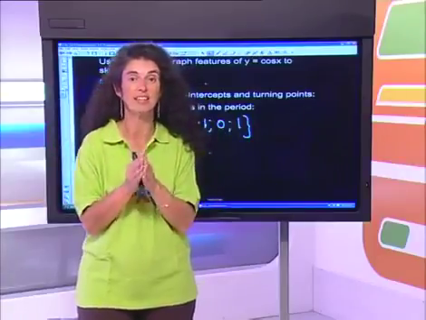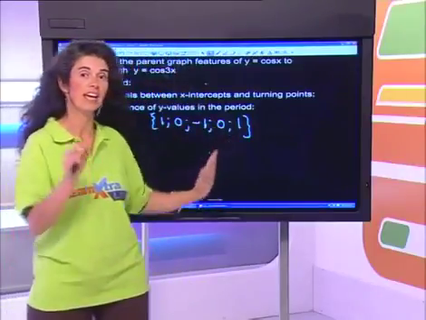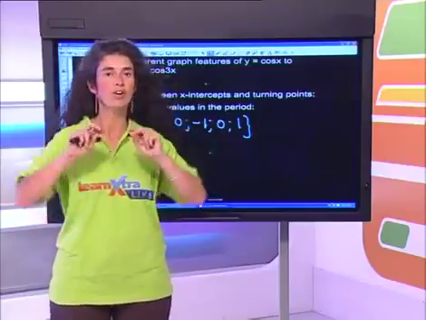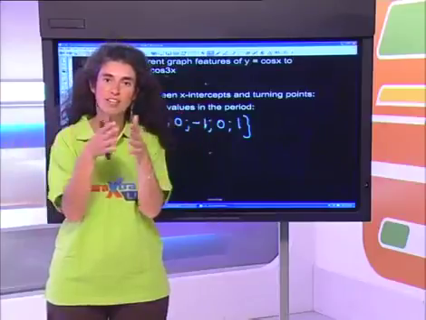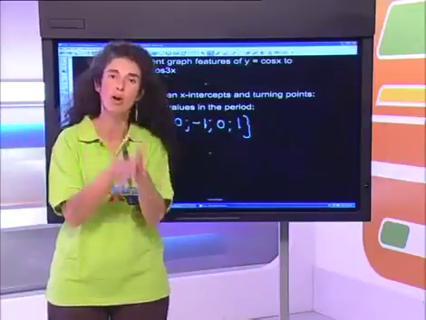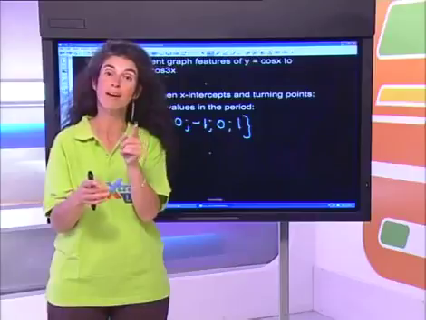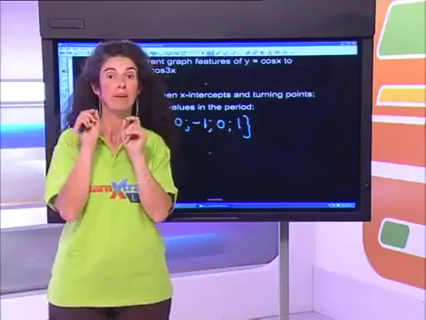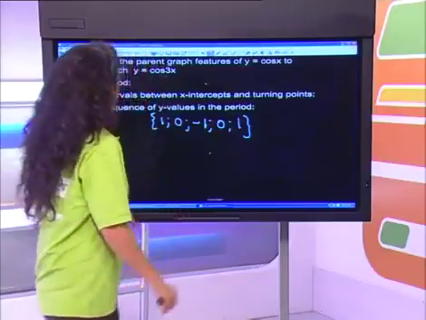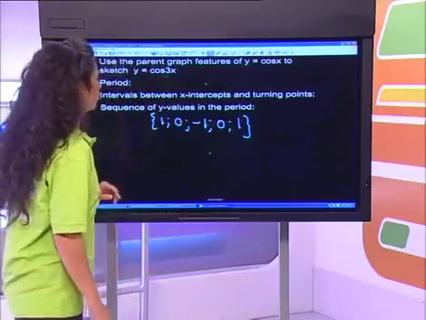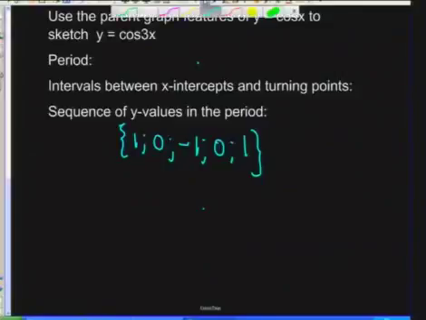So at the outset, if we know that this is fixed every 90 degrees, we now know that if we're going to multiply x by a coefficient and it's going to affect those intervals, we want to know what the new intervals are. Because remember, the y values are fixed, but the intervals, the angle at which you're plotting, will change.